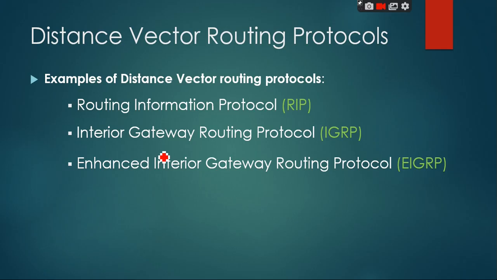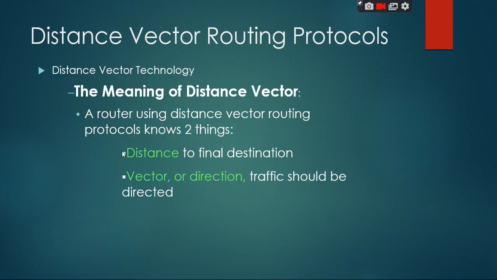Then IGRP, a Cisco proprietary protocol, which stands for Interior Gateway Routing Protocol. Another one from Cisco is EIGRP, the newest version, the Enhanced Interior Gateway Routing Protocol. And we have the IEEE routing protocol RIP version 2. So we are basically talking about four main protocols here.